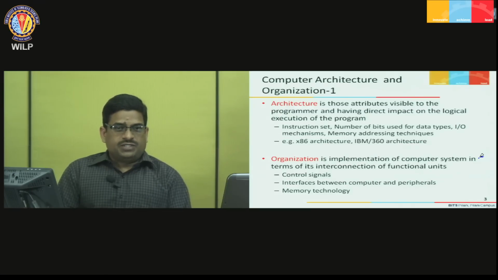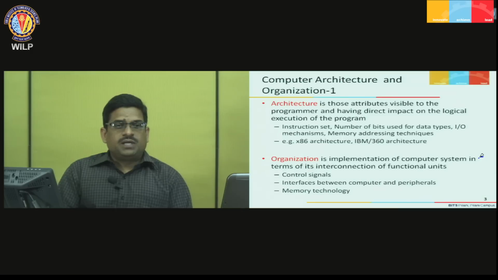Now, what is organization then? Organization is the implementation of the computer system in terms of the functional requirements, how the things are implemented in the computer. The various functional units are there in the computer, and how these are implemented.